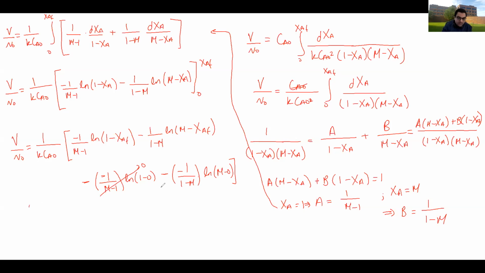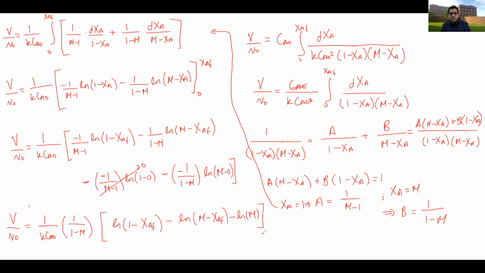So if I just take 1 over 1 minus M out, I have V over V naught is equal to 1 over K CA naught, and I'm going to take 1 over 1 minus M out. If I do this, I'm going to end up with ln 1 minus XAF minus ln M minus XAF minus ln M. So this is my expression so far.